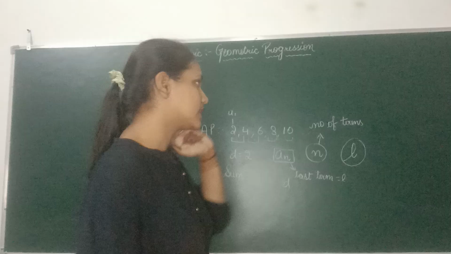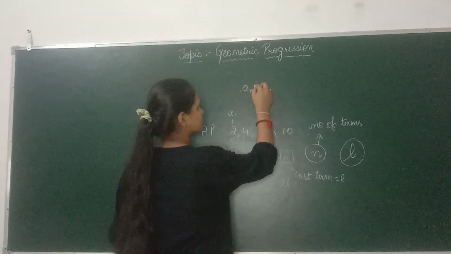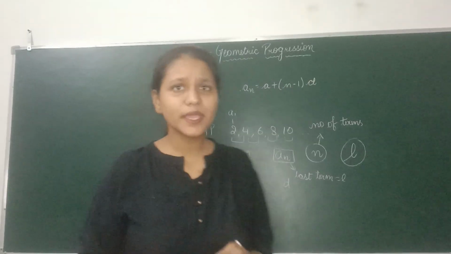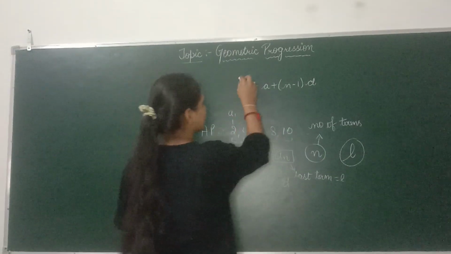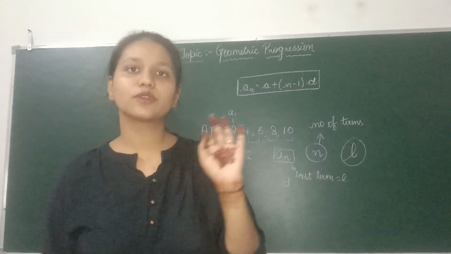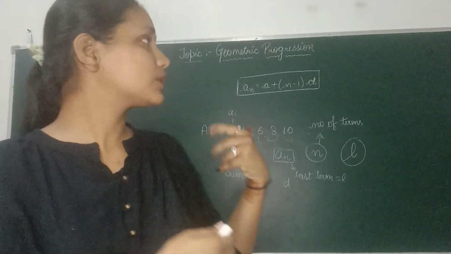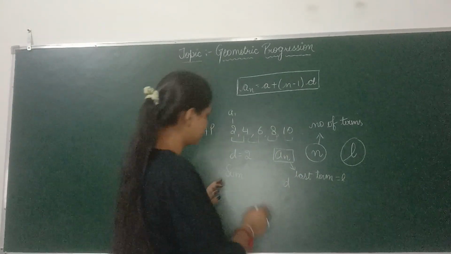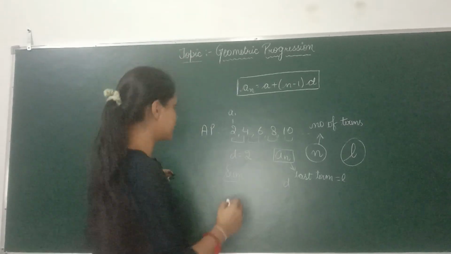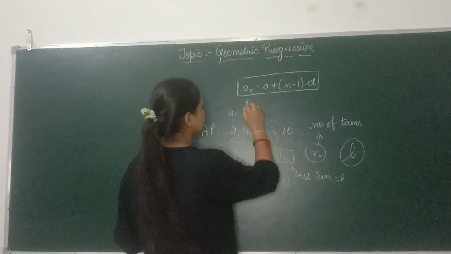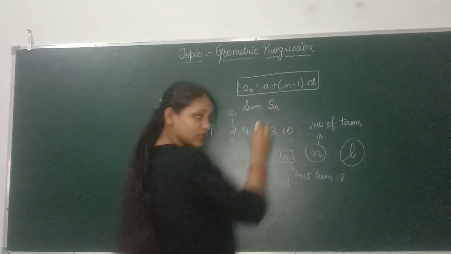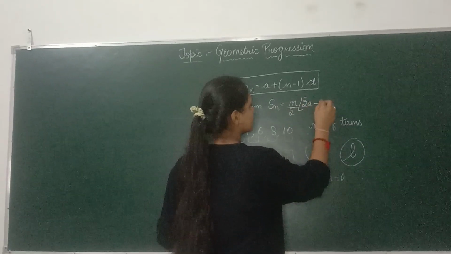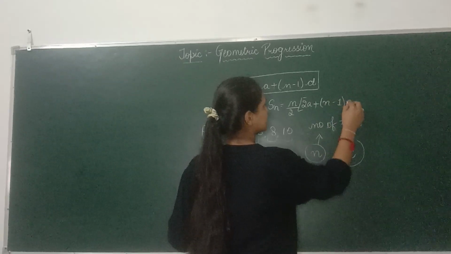There are two formulas given for the AP series. If we have to calculate the last term an, we use the formula an is equal to a plus n minus 1 d. And if we have to calculate the sum of terms, the formula is Sn equals n upon 2 times 2a plus n minus 1 d.